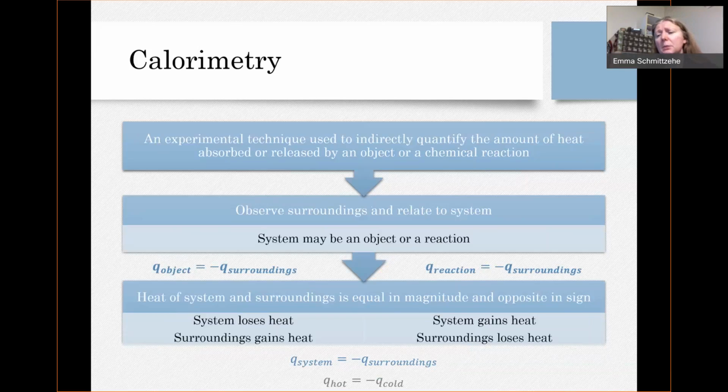But it would be the same type of process if it was a reaction. You would monitor the temperature change of the surroundings, calculate the heat, and then that is the heat of the reaction or whatever your system is. Okay, it just has an opposite sign. It's just doing the opposite thing with it.